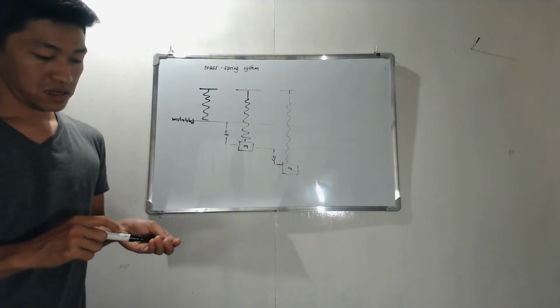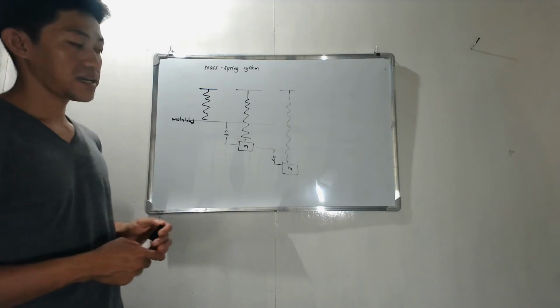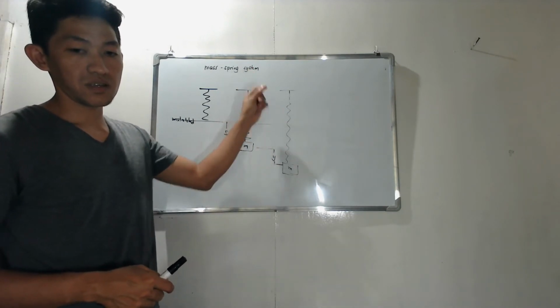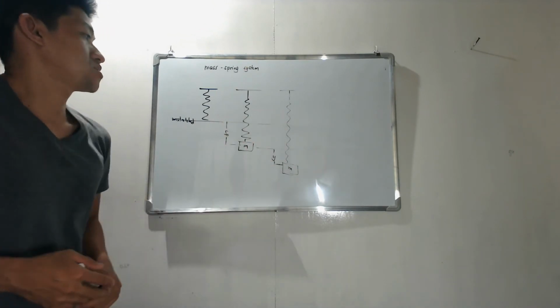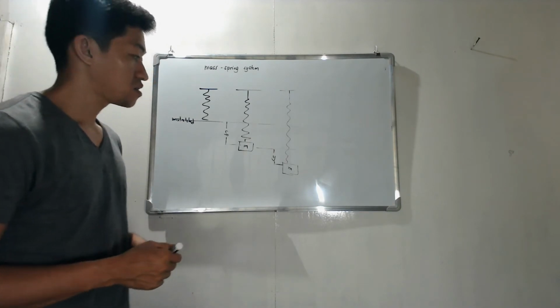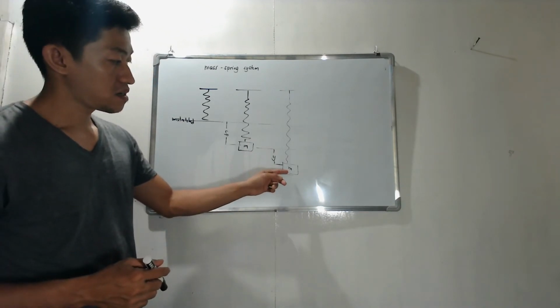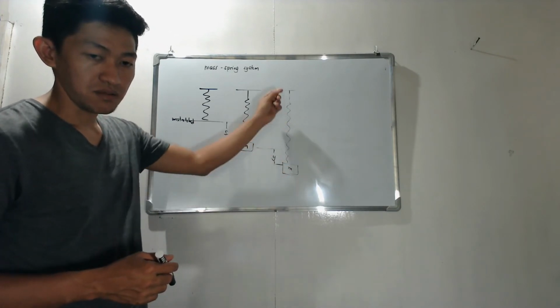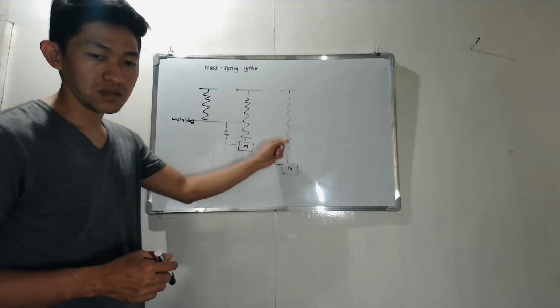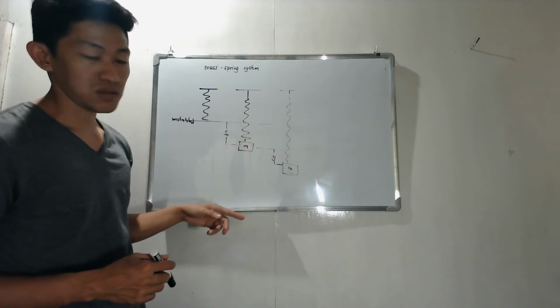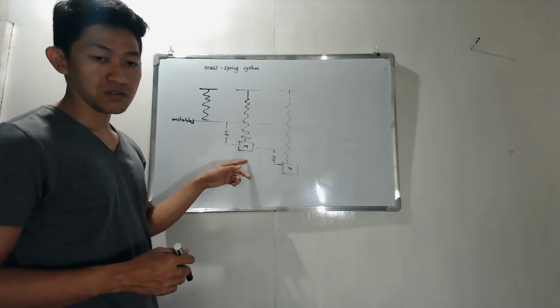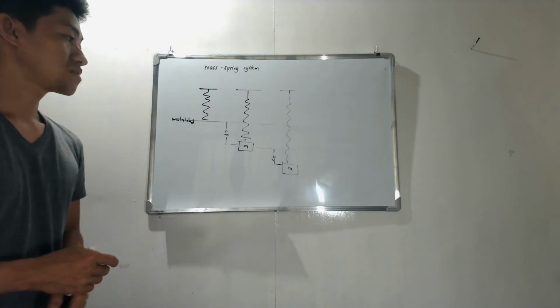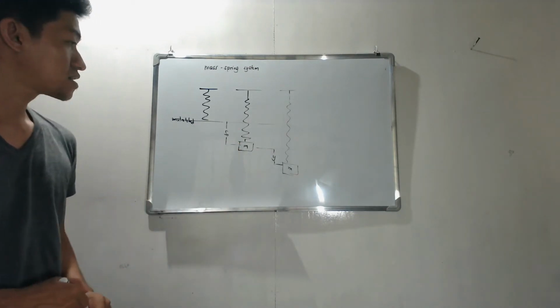So you will now have an oscillating motion, or simple harmonic motion. So the spring will elongate, compress, elongate until such time that there is no energy left, then it will go back to this position. So how do we analyze this one?